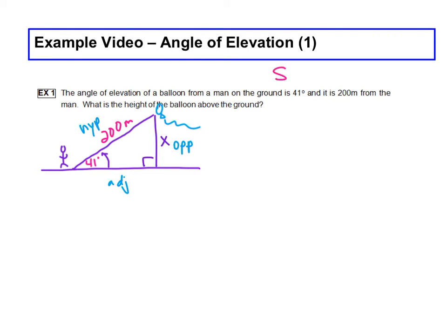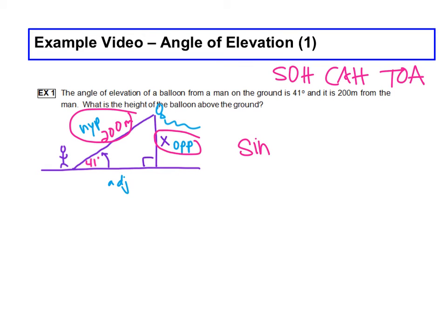So if you go back to sine, cosine, tangent, SOH CAH TOA, which one uses the opposite side and the hypotenuse? And you'll look at that and you'll say, oh, well, of course it's sine. So we're going to set up our little equation. We're going to say the sine of our angle, which is 41, is equal to the opposite side, x, over the hypotenuse, which is 200.